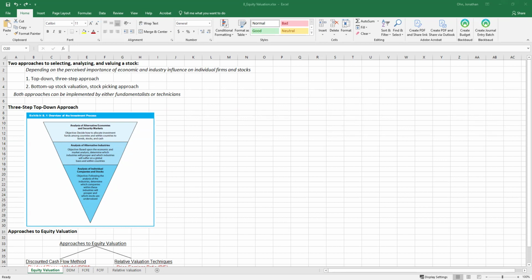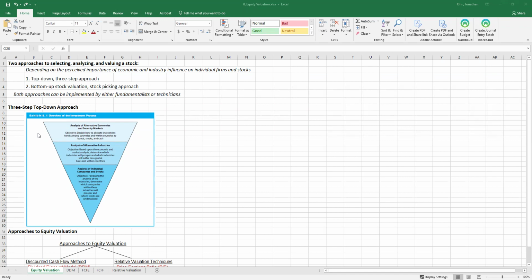Brian, can you read the statement there? Analysis of alternative economies and security markets. Objective: decide how to allocate investment funds among countries and within countries to bonds, stocks, and cash. Yeah, that's right.